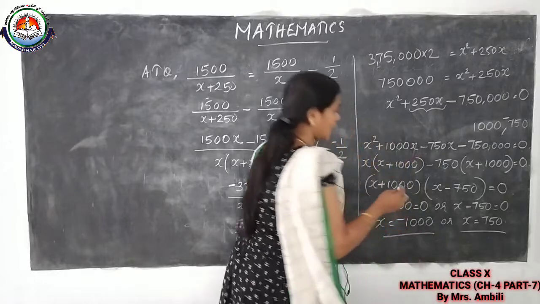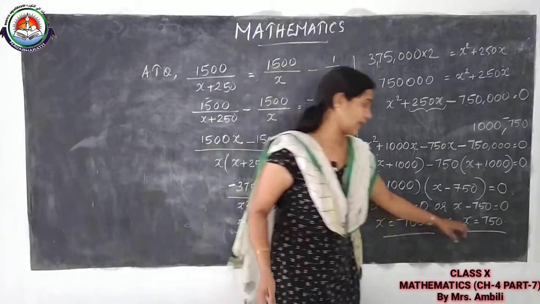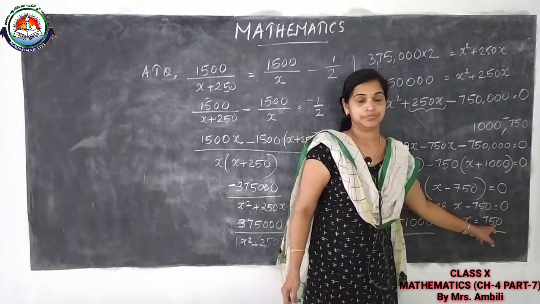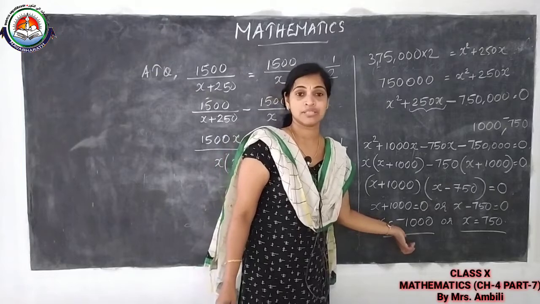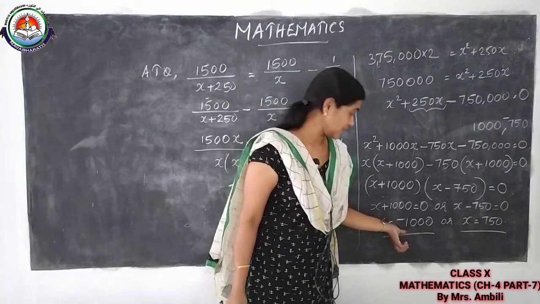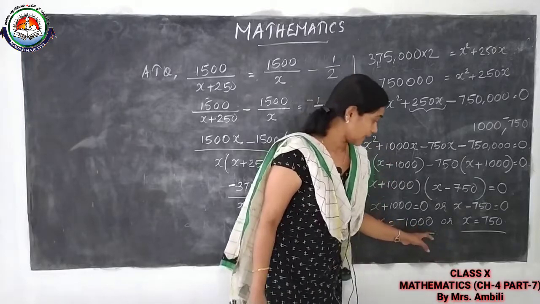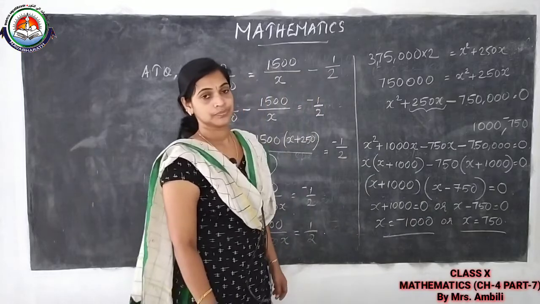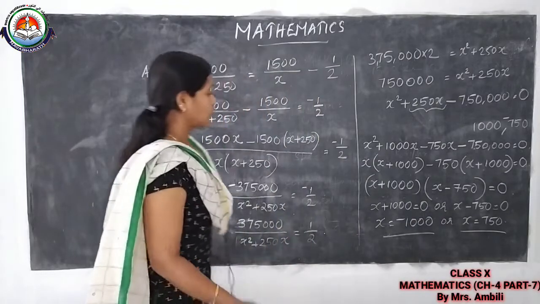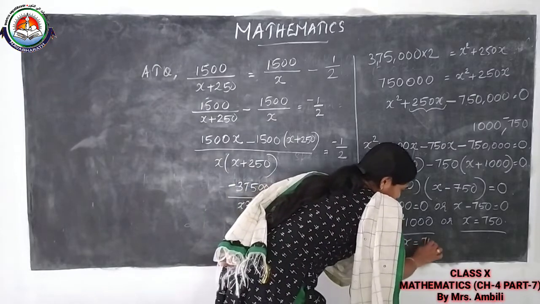So we got two values for x: x equal to minus 1000 or x equal to 750. Here one value is negative, minus 1000, so that negative value we can reject. So what is our x? We take x equal to 750.